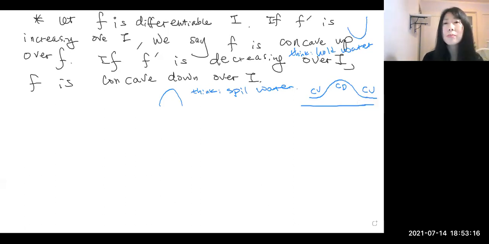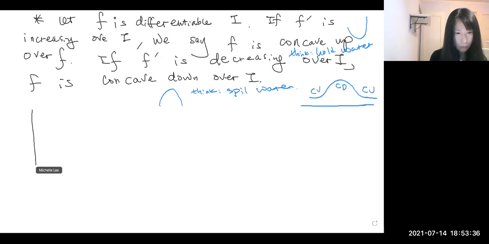Make sense? Okay, then let me explain the relationship between f prime and concave up and concave down. Let me draw this one. We know f prime is increasing, looks like that. Positive slope, right?